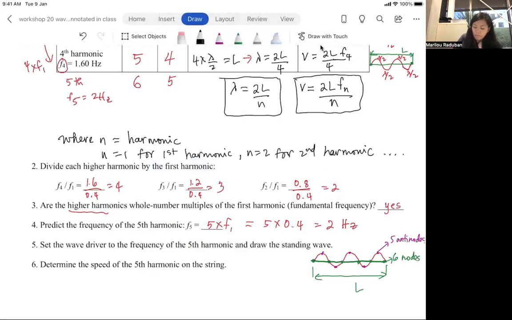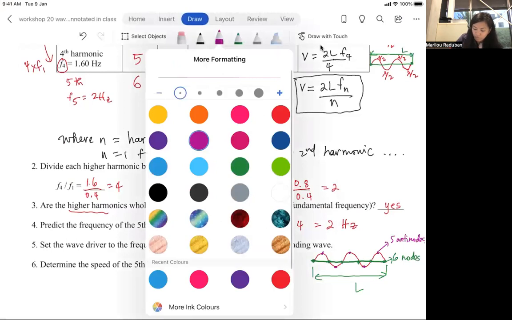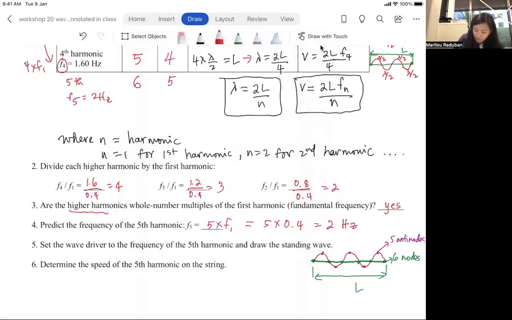And to determine the speed of the wave, we have the general equation 2L Fn over n. For the fifth harmonic, the speed of the wave will be 2 times the length times the fifth harmonic frequency divided by 5.